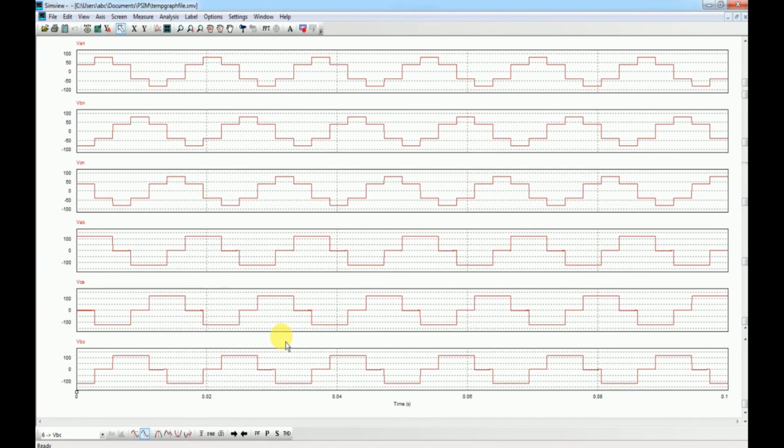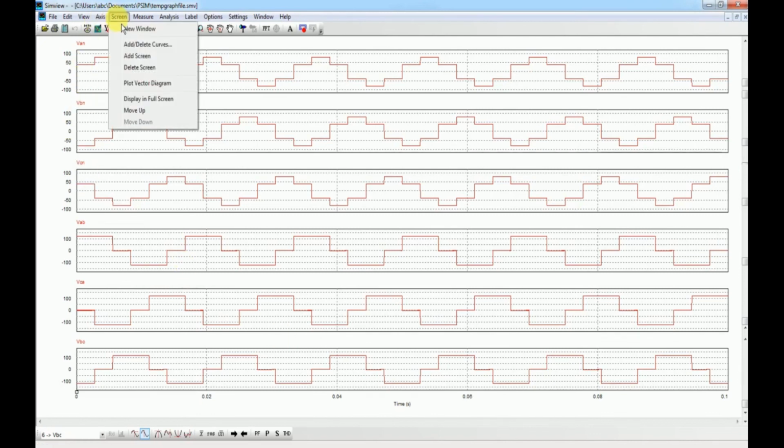Thereafter we should visualize the 11th, 13th, 17th, 19th, 23rd, 25th, all the harmonics should be present here. Note that in this type of inverter system, there is no triplen harmonic in the output.